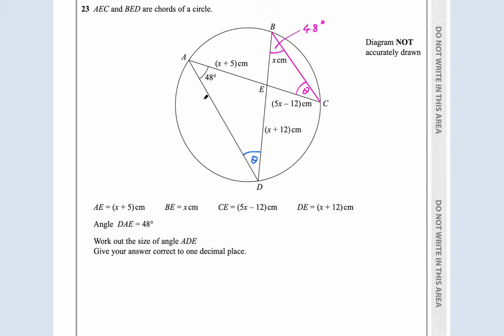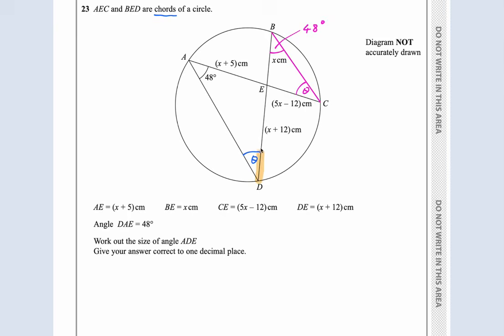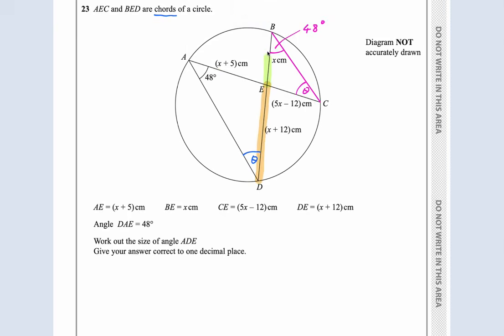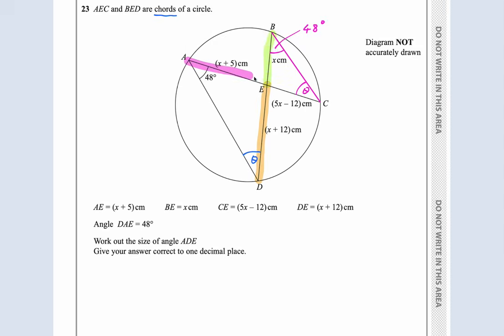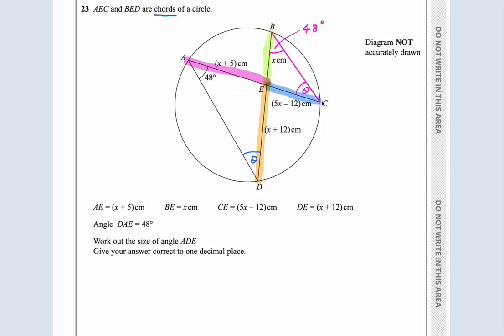Now to find x, and guys, he says chords, so that's kind of a key word here. I can use the intersecting chords theorem, which states that the orange times the green equals the pink times the blue.